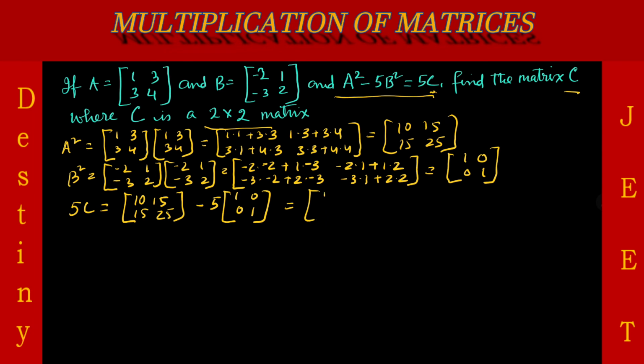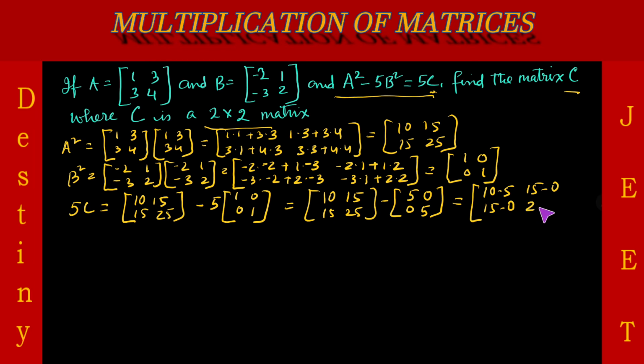We simplify it. What we get? We get 10, 15, 15, 25 minus 5, 0, 0, 5. And finally what we get by subtracting? 10 minus 5, 15 minus 0, 15 minus 0, and 25 minus 5.